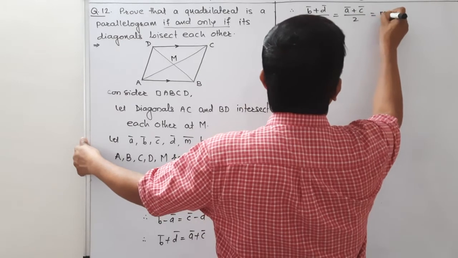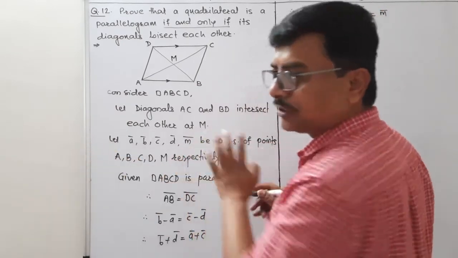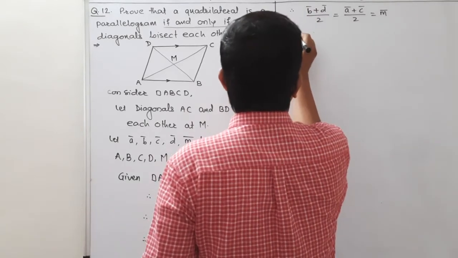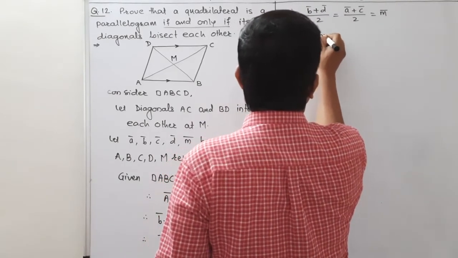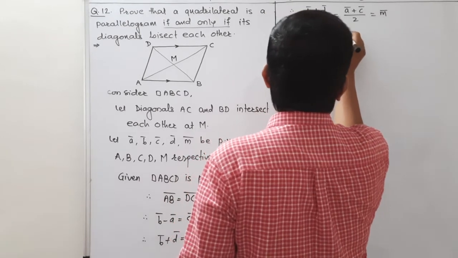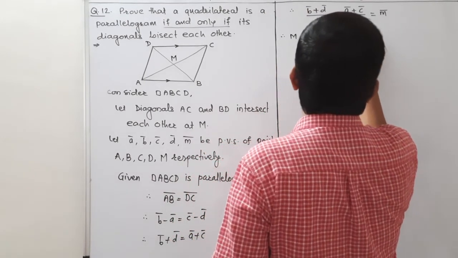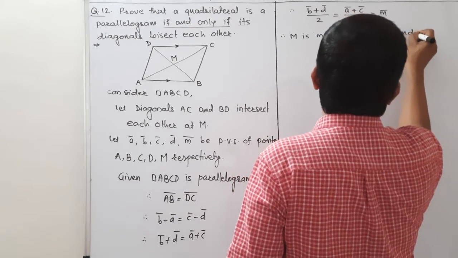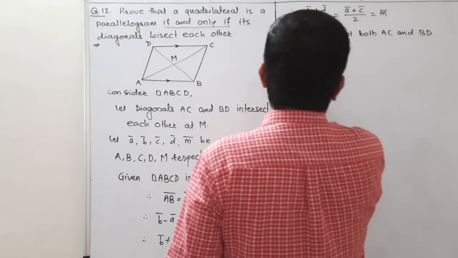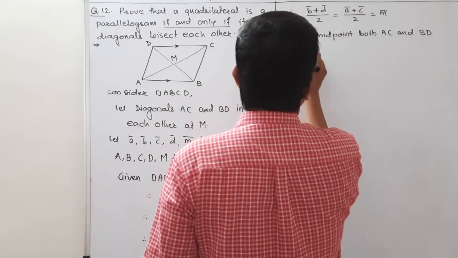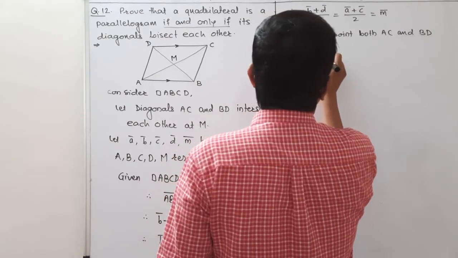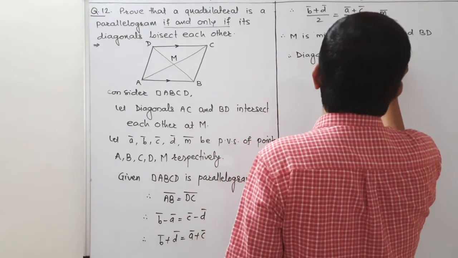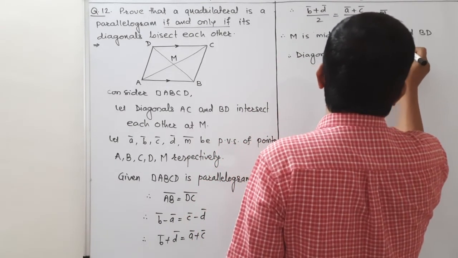Let it be M vector, which is the position vector of point M. Therefore, M is the midpoint of both AC and BD. It means diagonals AC and BD bisect each other.